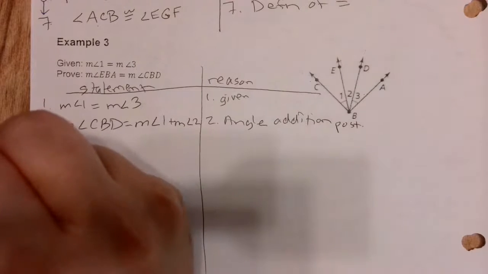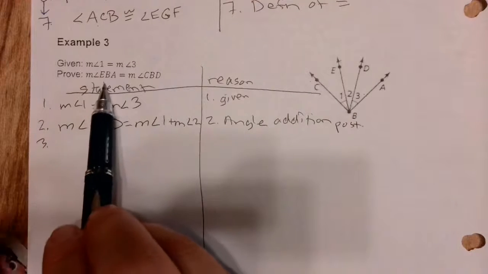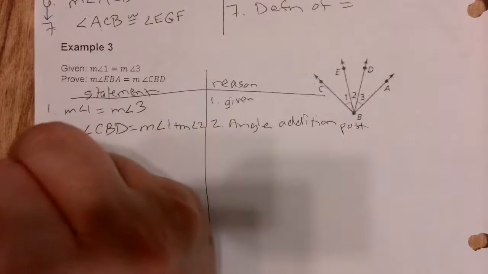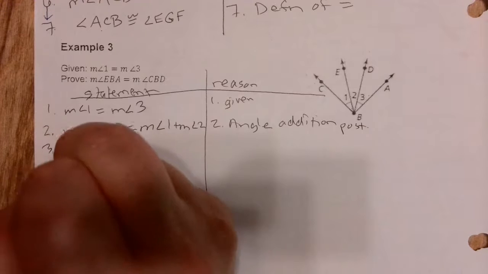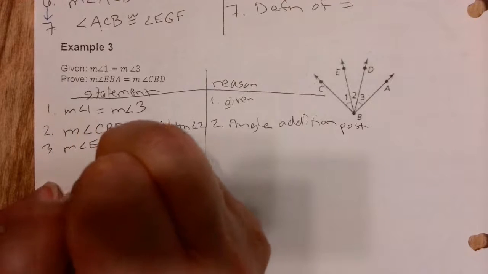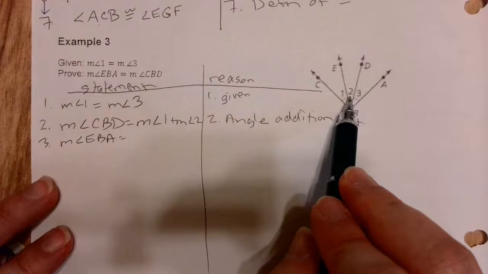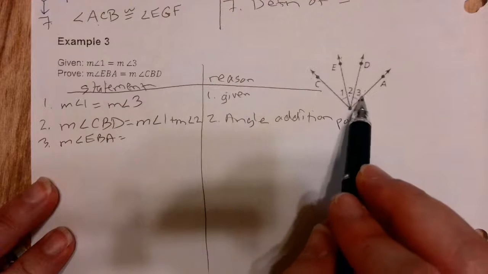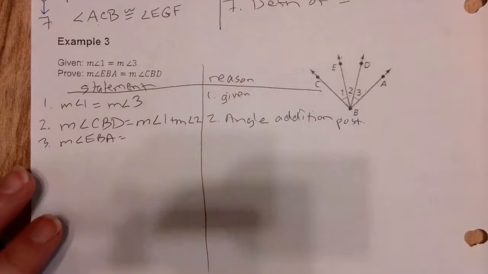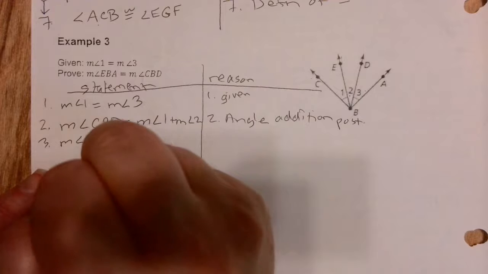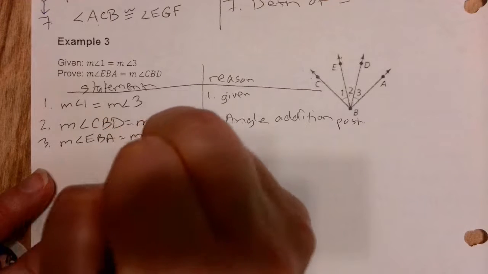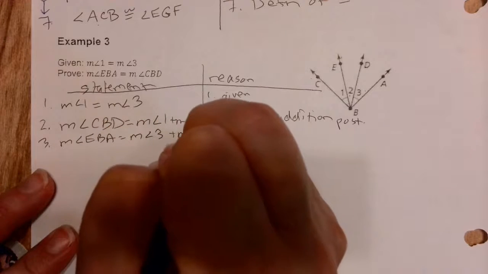Well, let's do the same thing with angle EBA and see what happens. The measure of angle EBA is equal to the measure of angle 2 plus the measure of angle 3. And I'm actually going to put the 3 first.